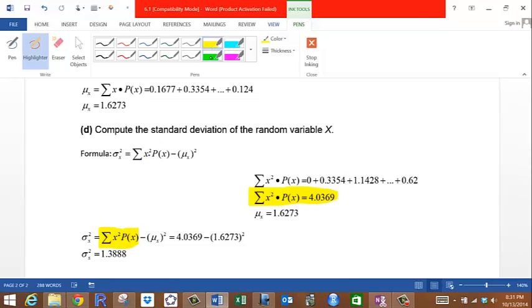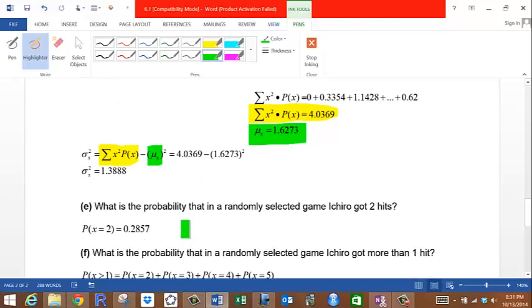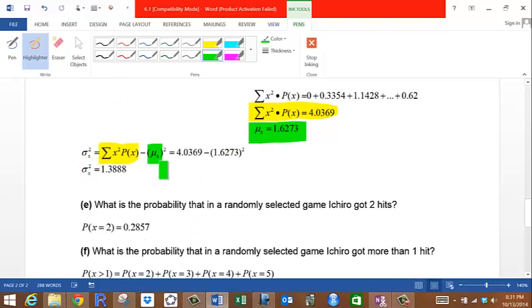And then we know we got mu of x a second ago, and that's going to go right in here. And don't forget to square it. So we get 4.0369 minus the mean squared, and then we take the difference there, and this number here is called the variance.